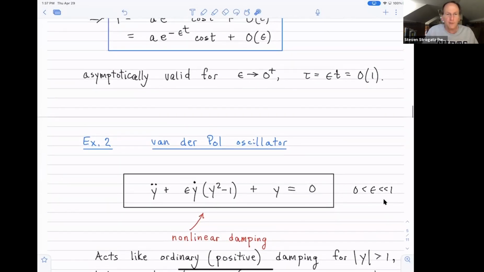Van der Pol oscillator. So this is named after Balthasar van der Pol, who was an electrical engineer at the beginning of the 20th century. I just looked him up before class today. He studied a lot of math and physics in the Netherlands. He worked with J.J. Thomson, the discoverer of the electron, in Cambridge around 1910, 1915, 1920.